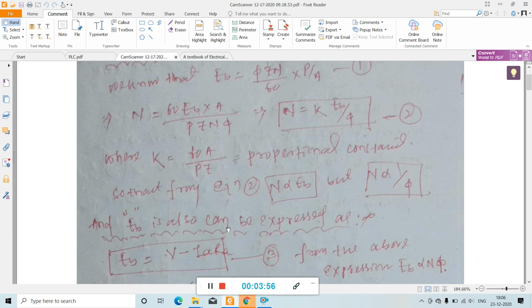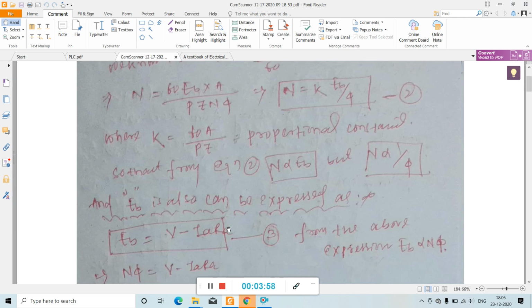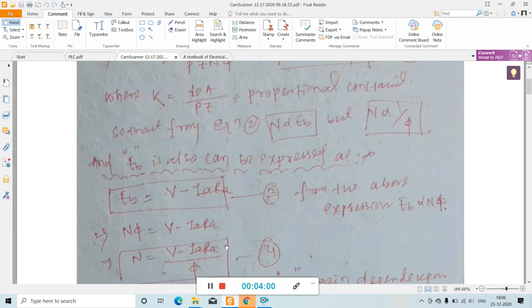EB can also be expressed, in case of DC motor, as EB equal to V minus IaRa. This is another equation in terms of armature current, armature resistance, and terminal voltage. From this we found that EB is directly proportional to speed, and speed is inversely proportional to phi.